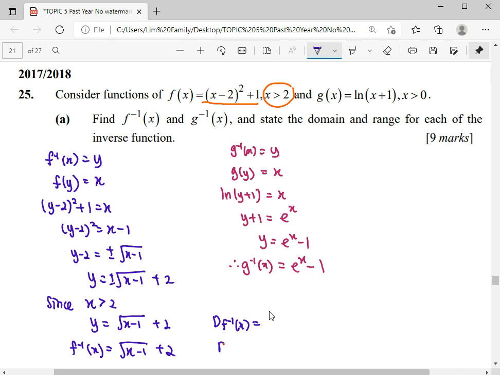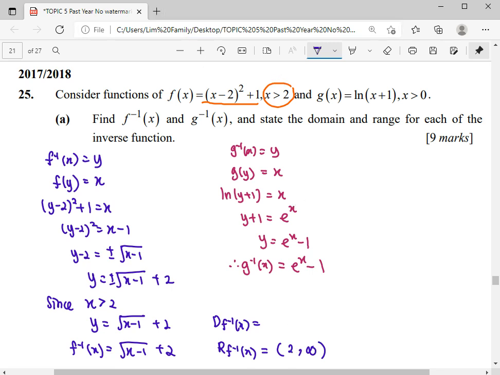For the range of f inverse, we have to refer to the domain of the function. So I can do the range of f inverse first, because range of f inverse equals the domain here. Our domain here is a special case because they got a condition here. They said 2 to infinity, so 2 is not included. Greater than 2. So 2 to infinity. So that will be our range of f inverse by referring to the domain.